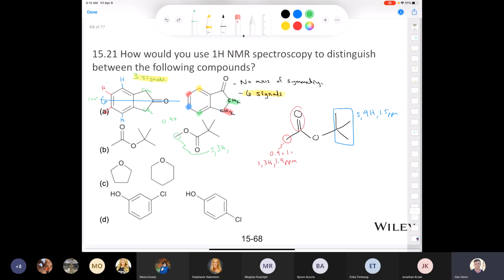Because it's alpha to the oxygen of an ester. So it's going to give you 3.9 ppm. So again, the conclusion is just based off of the methyl group that integrates for 3 protons in each case. One of them has a much higher chemical shift, almost double that of this one here. So that's an easy way to distinguish between those two.